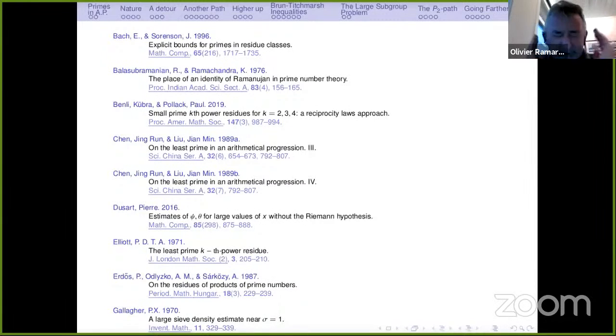If you look at Selberg's identity, you'll find it in the literature. It tells you that if you take the sum of lambda n plus the sum of log p plus the sum of log p1 log p2 for p1 p2 less than x, this is equal to 2x log x.